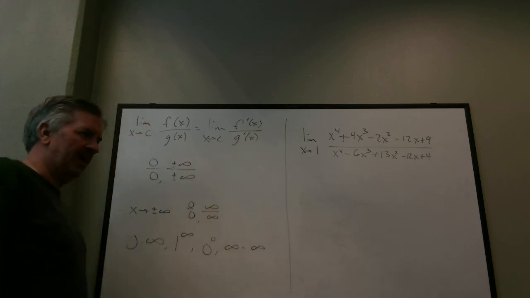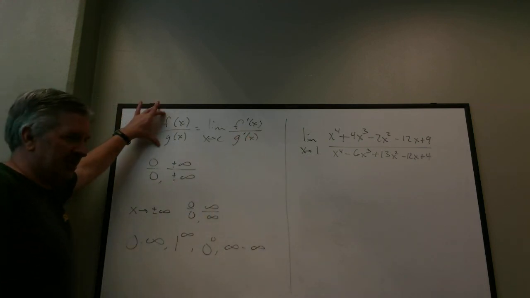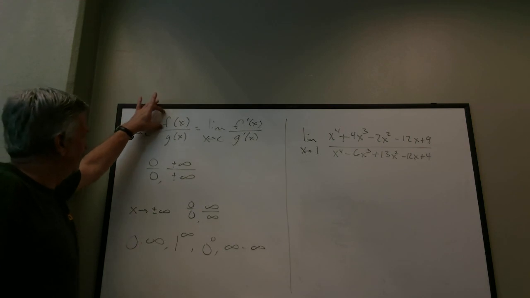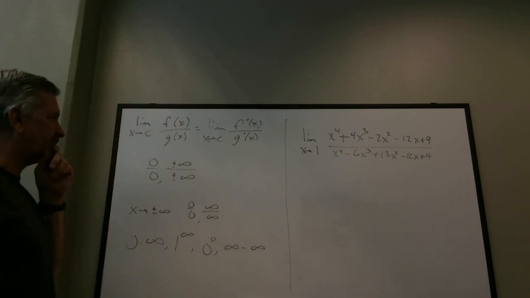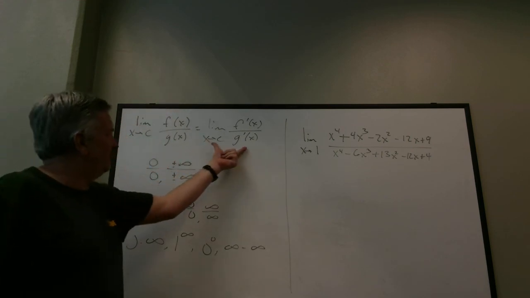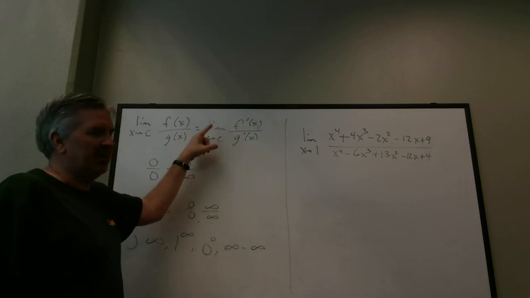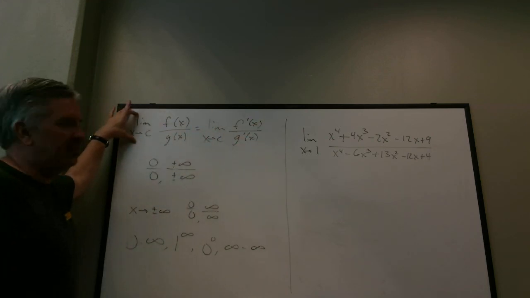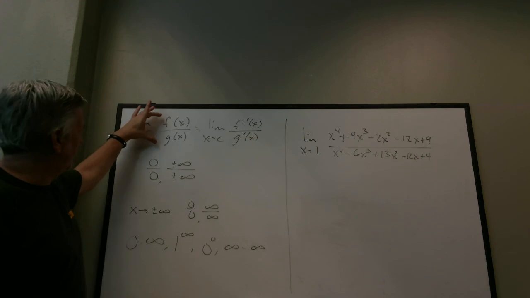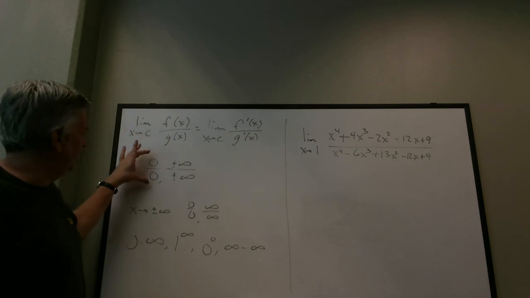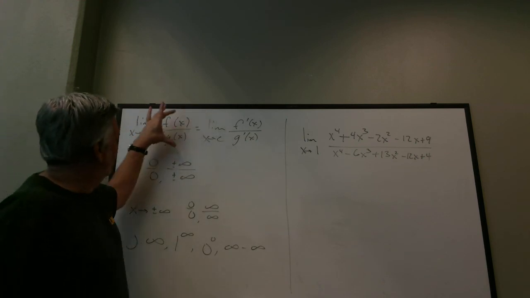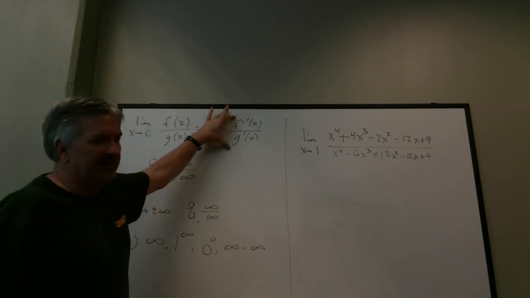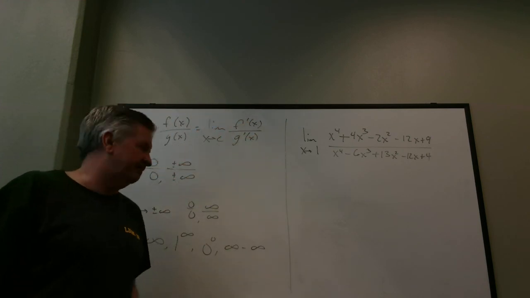I'm not taking the derivative of the quotient, because you'd have to use the quotient rule. It's the derivative of the top over the derivative of the bottom. Then you check again whether you can compute this limit. The whole idea is if this limit's hard to compute, and it satisfies the conditions and is one of these indeterminate forms, then its limit is the same as the limit of this, and maybe this one you can do.